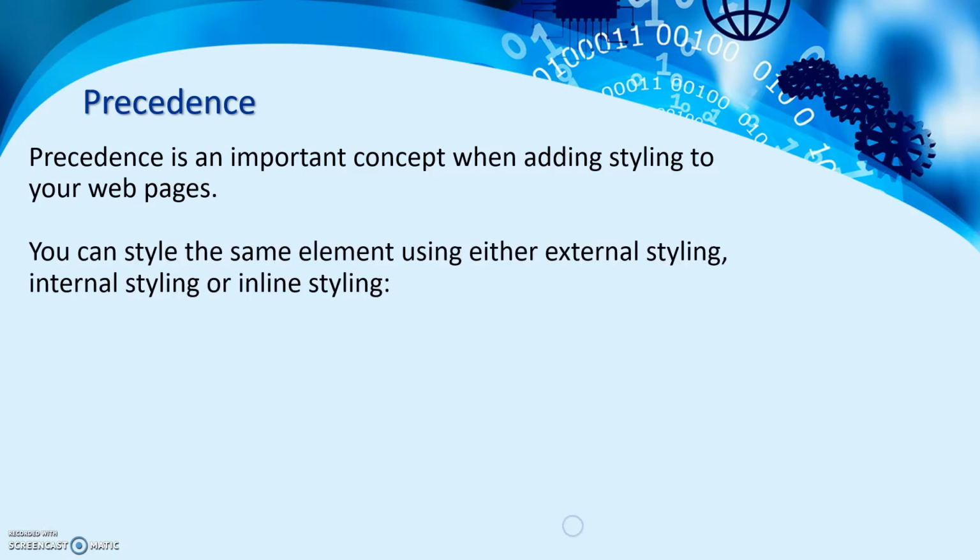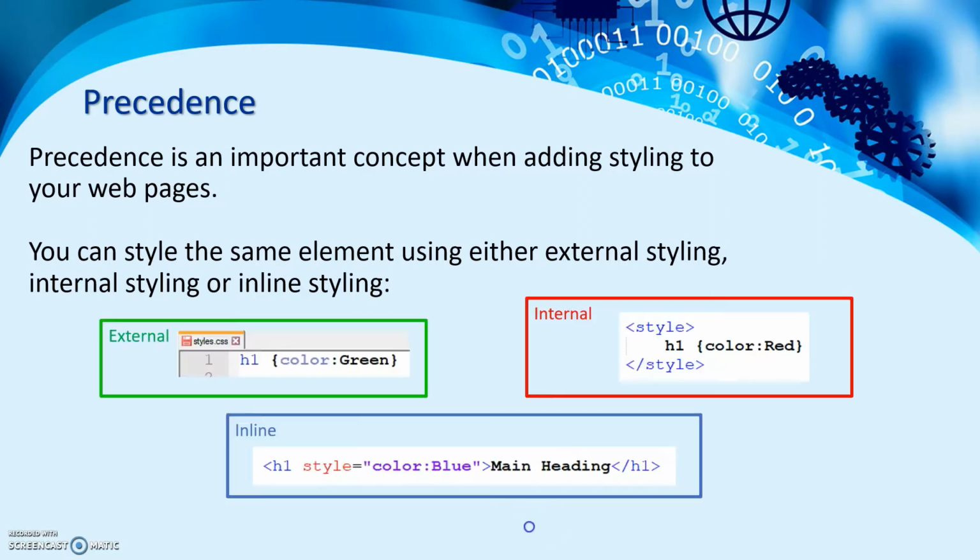Okay. Now you can style the same element in your web page using either external styling, internal styling, or inline styling. So in other words, you could use external styling with the CSS file to make your heading 1 have the color green. At the same time, you could have a style section at the top of your web page in the head section, and you could colour your H1 red.